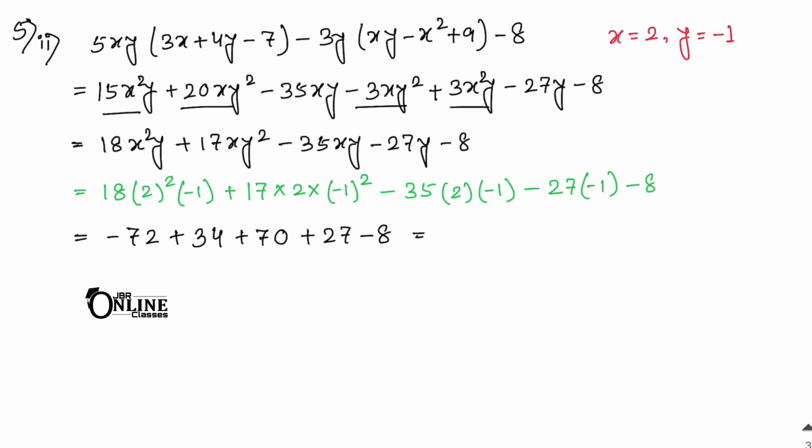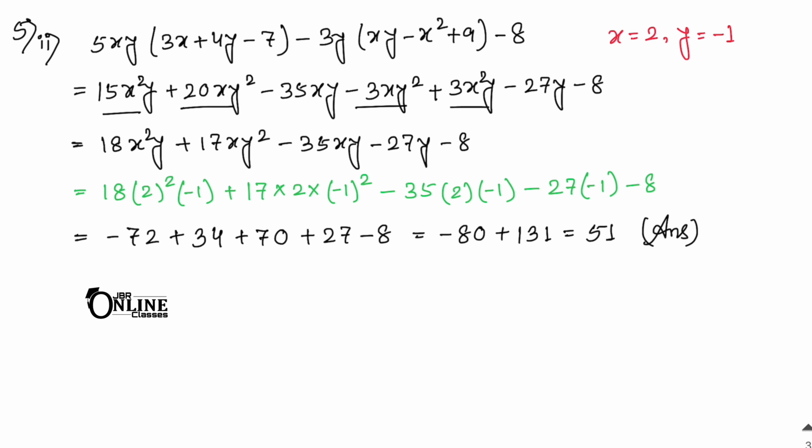So minus 72 minus 8 becomes minus 80, and 70 plus 34 and after that 27 equals 131. So whenever you subtract 80 from 131, it becomes 51 as your final answer. Is it clear? Okay.